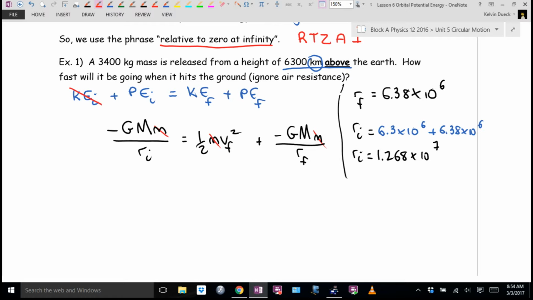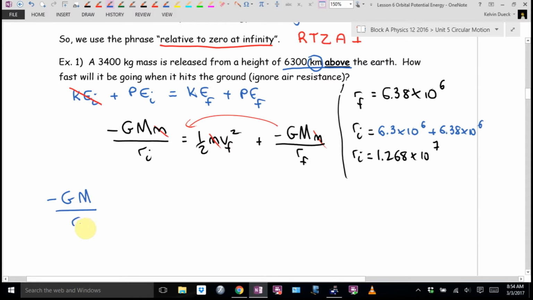V final. I'm not going to blatantly get V final by itself. I'm going to move this to that side first. Negative big G, big M over R initial plus big G, big M over R final equals 0.5 V final squared.